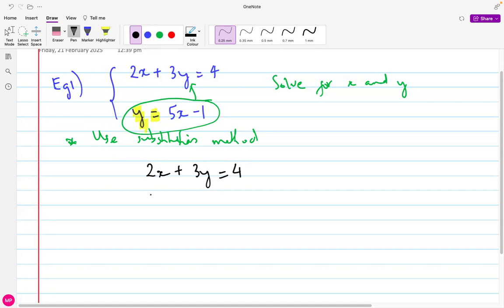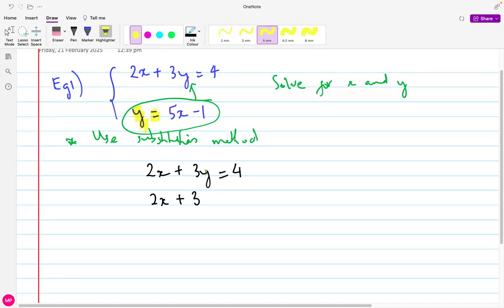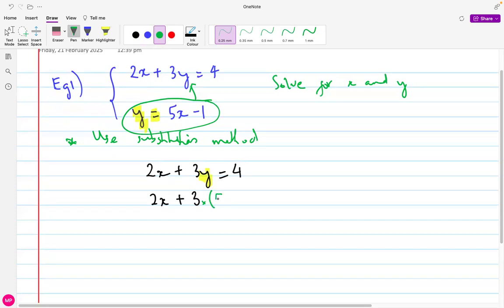So 2x I write again, plus 3, but instead of writing y, I'm going to write 5x minus 1. So 3 times bracket 5x minus 1, and I'm going to let that equal 4.